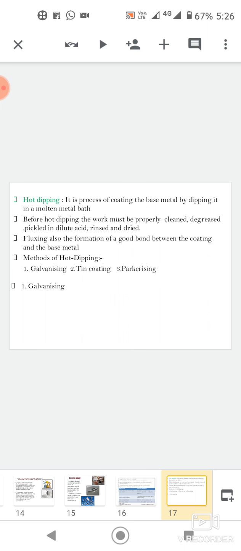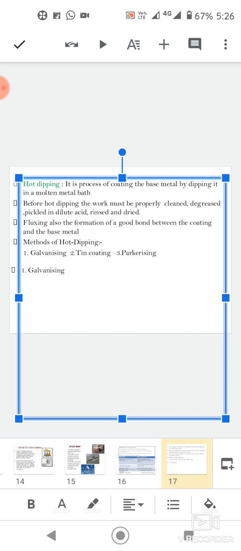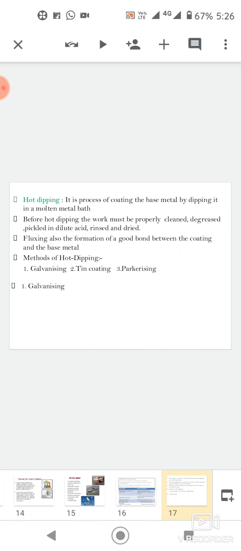In the hot dip method, the plating material is first heated to molten state before hot dipping. The work must be properly cleaned, degreased, pickled in dilute acid, rinsed, and dried.